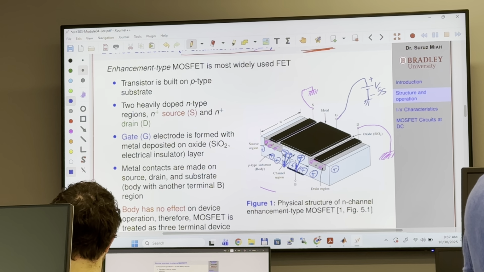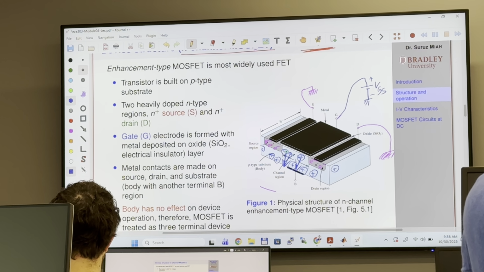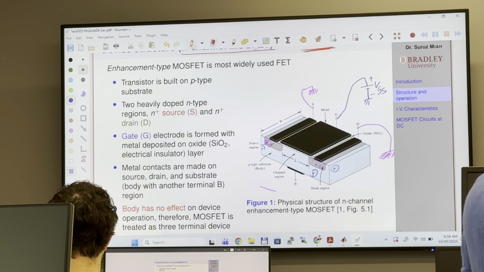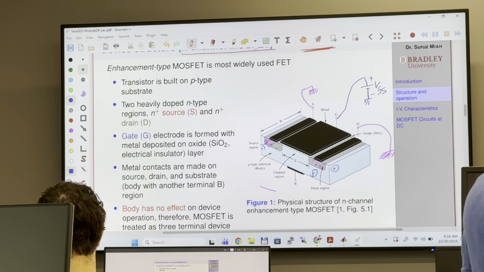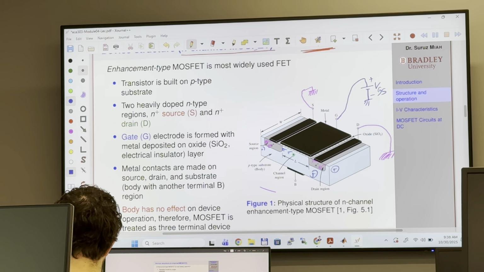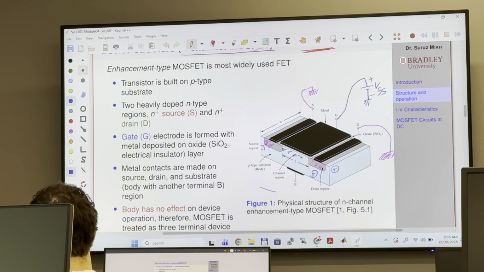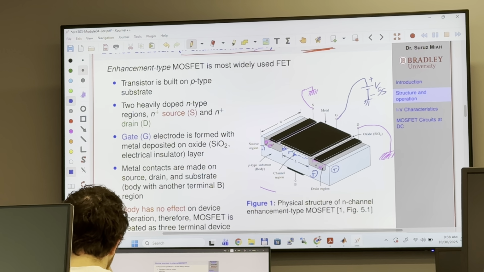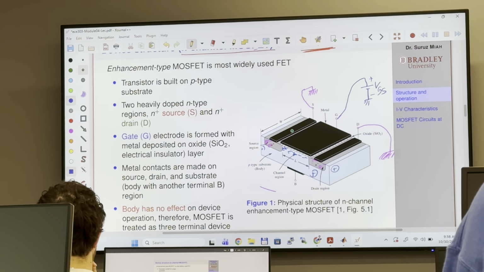Because they come down, some electrons will be right here. Some electrons will be attracted by this positive charge.